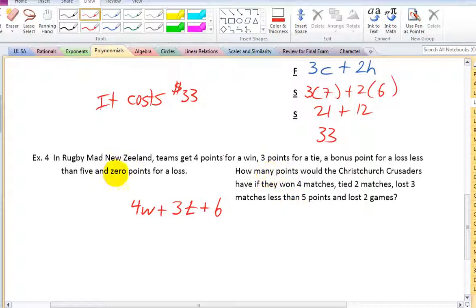Do we have to worry about this 0 points for a loss? No, right? Because adding 0 won't change anything. So we should get 4W plus 3T plus the letter B for bonus point. So you might get some bonus points. Now you can substitute in, you won 4, tied 2, lost 3, less than 5 points. Okay, go ahead, substitute and solve.